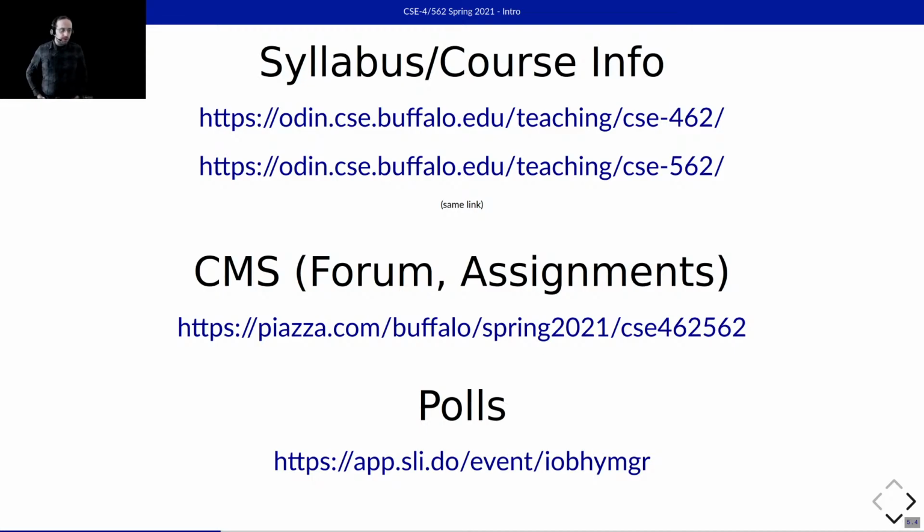So on that note, the course website is linked there. It has literally all of the information that you need for the course. This will include links to the videos after the fact. I'll be emailing those out and posting them on Piazza moving forward rather than posting them ahead of time on the website. Piazza will be our course management system.